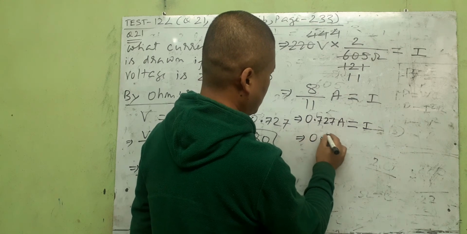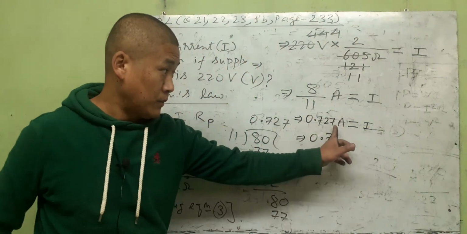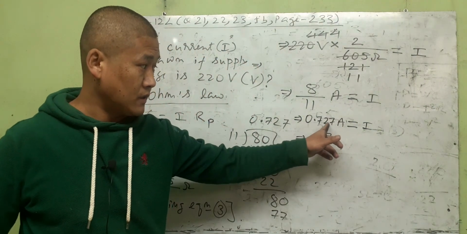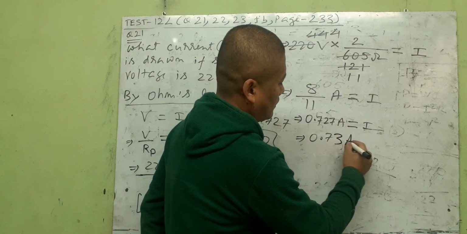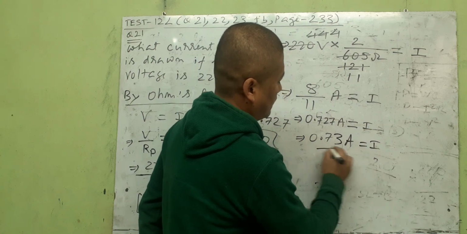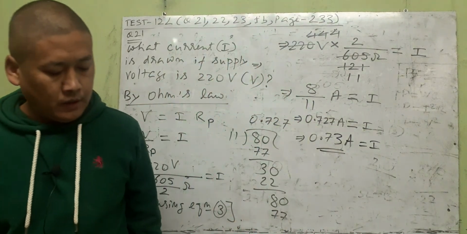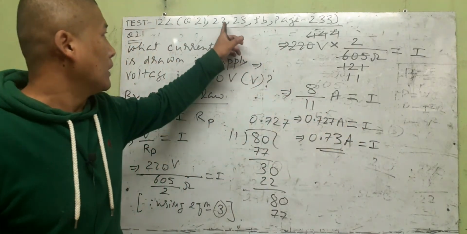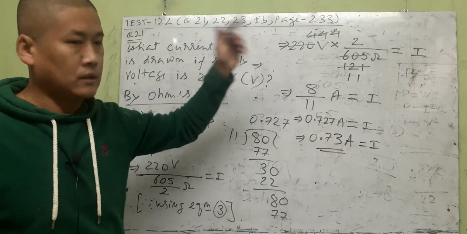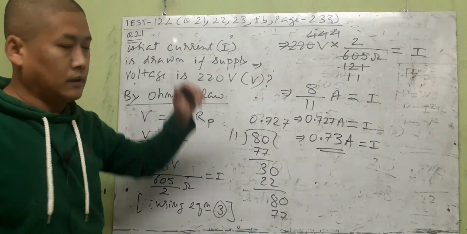Third place is 5 or more than 5, so the second place will increase by 1, so 2 will become 3. So the current flowing is 0.73 ampere approximately. We'll do the next 22 and 23 in the next class, after which you can take the test. Okay.